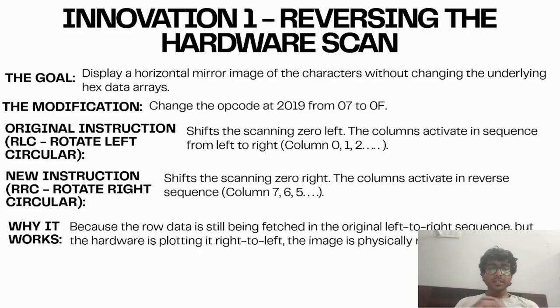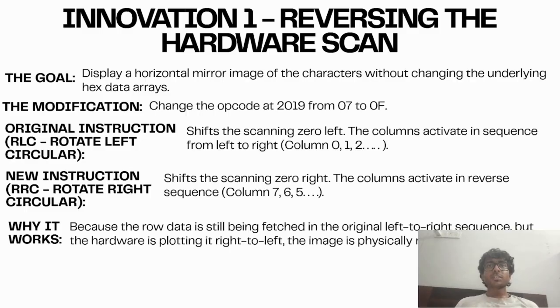But the plot finally scanned by the hardware is done by the RLC code. I changed it from RLC to RRC, and the plot changed from left to right to right to left. So the scanning started from the right to left part, and the mirror images were shown.